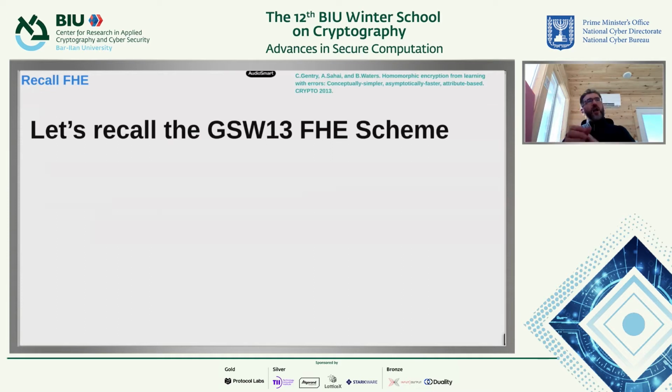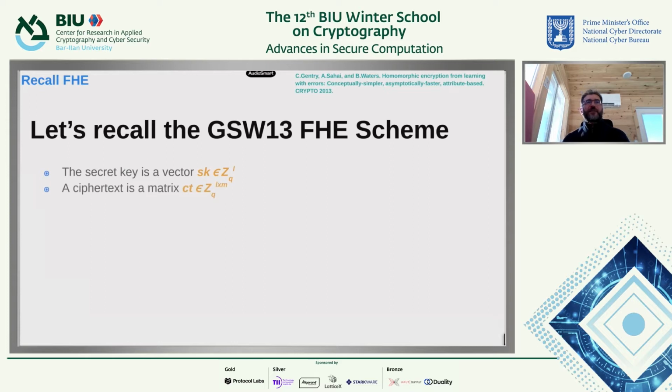So let's start with a candidate fully homomorphic encryption, for example, the Gentry-Sahai-Waters scheme, which is based on learning with errors. In this scheme, the secret key is a vector of size L of integers modulo Q.